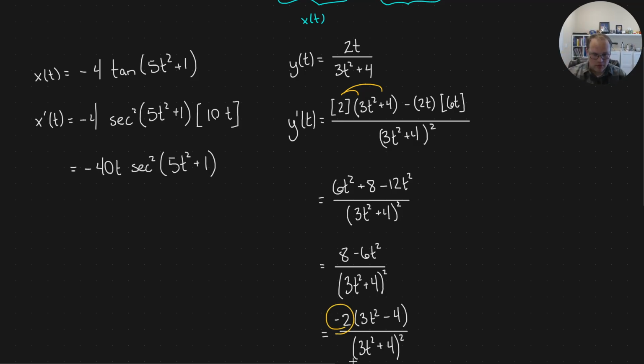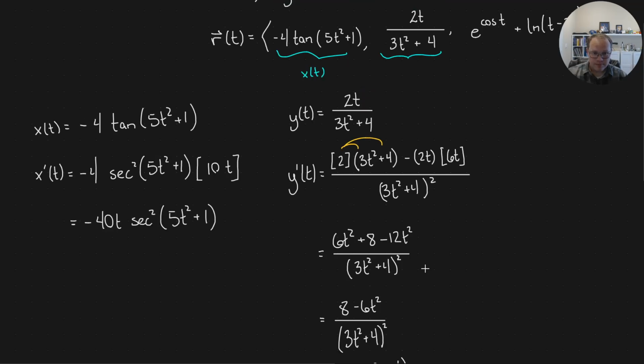I wanted to factor out this too, especially to show you that you cannot cancel these. 3t squared minus 4 and 3t squared plus 4, they look so tempting to just cancel them. They're almost the same, right? But you can't. They're not the same. One has a plus in the middle, one has a minus in the middle, and there's nothing we can do about it. Okay, so that is as good as it gets.